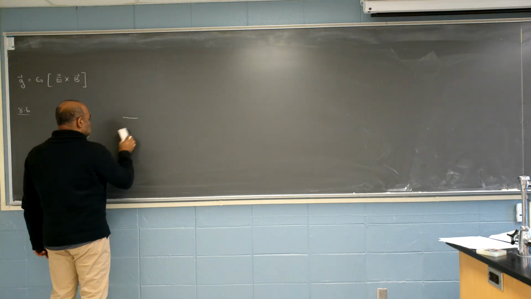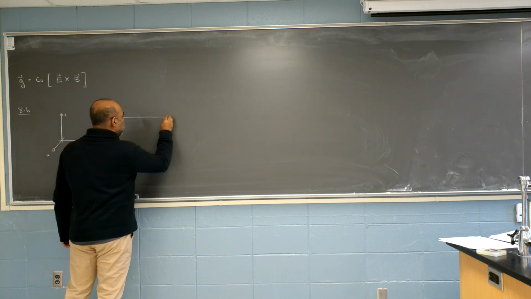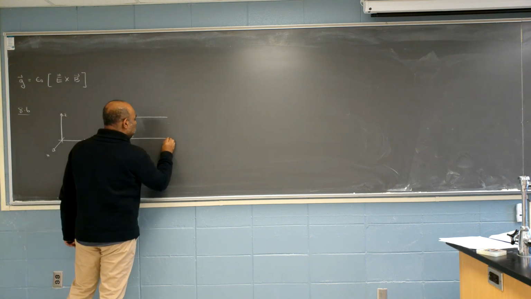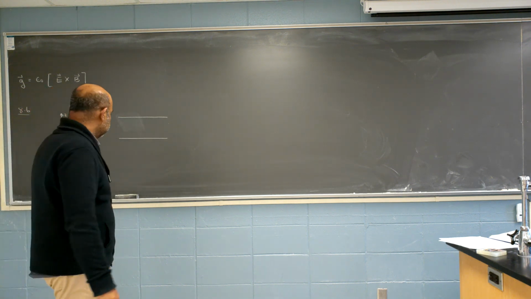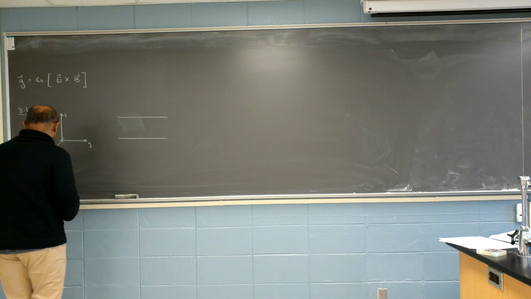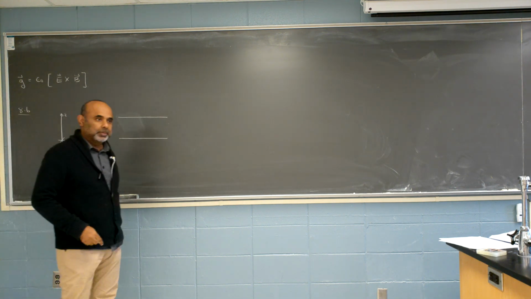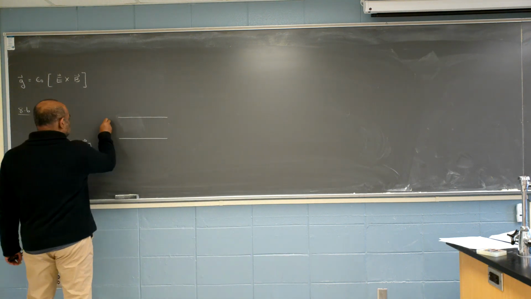We have so gotten used to taking finite parallel plate capacitors and whatnot. It doesn't even bother us anymore. We use those exact formulas. So this, as usual, there's A, which is the area of the plate, and I think D, the plate separation.